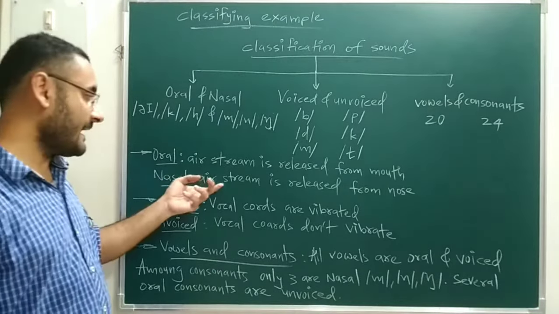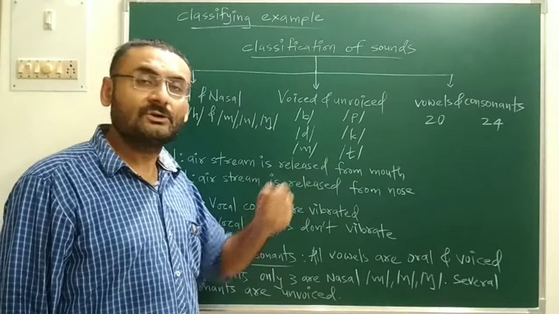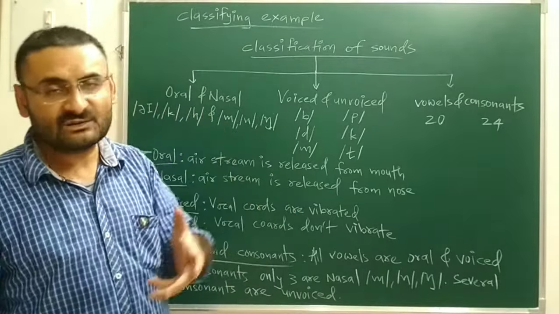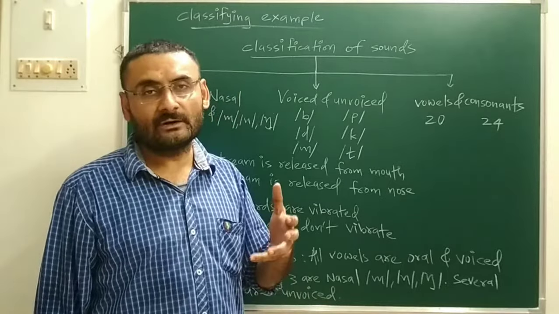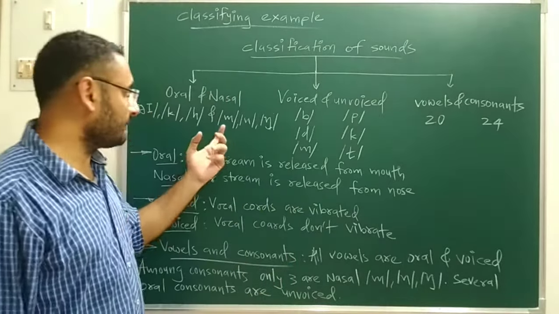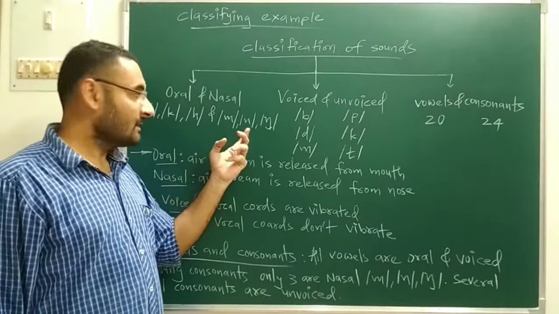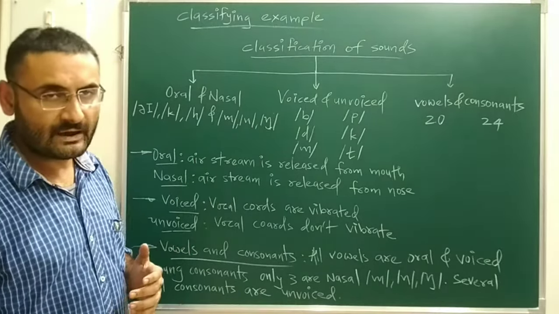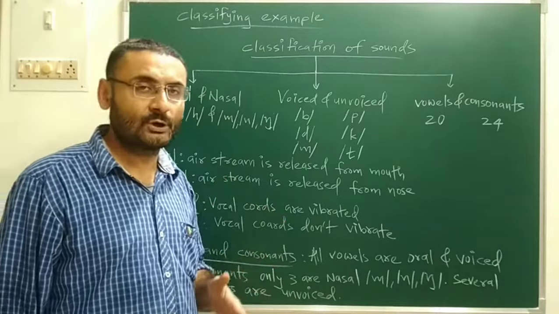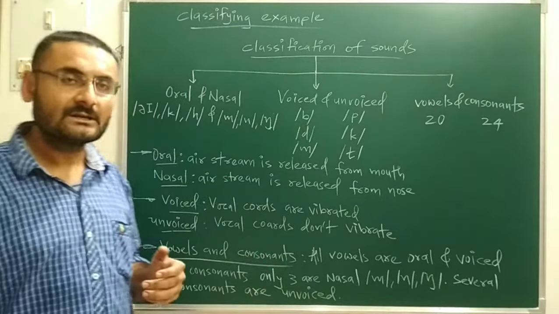Nasal sound means air is released from the nose. When air is released from the nose, whatever sound is produced is known as nasal sound. These types of sounds are nasal sounds because air is released from your nose and then you produce the sound.